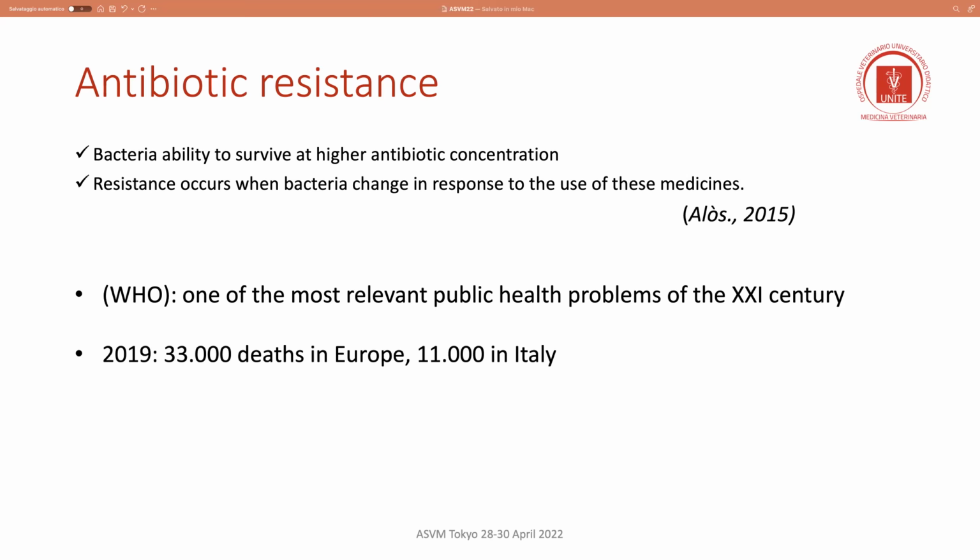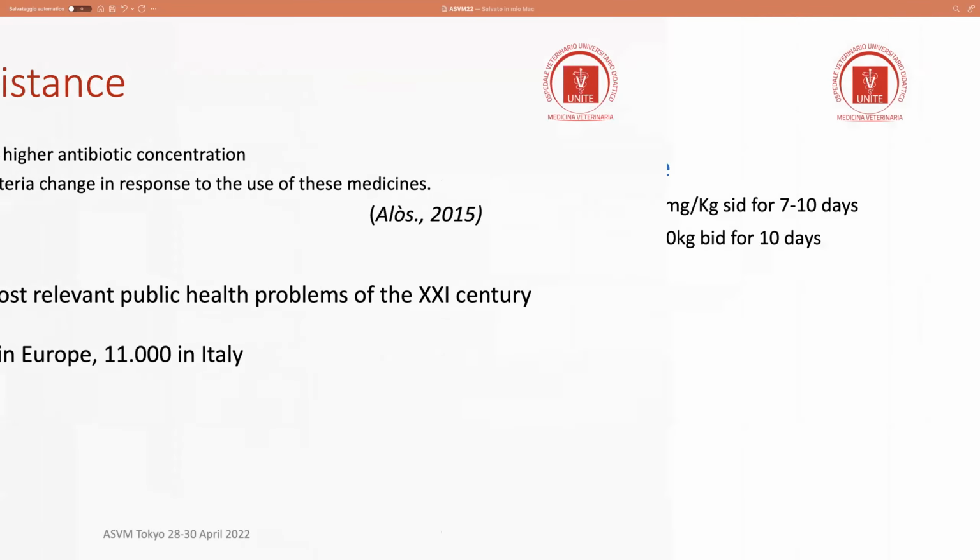In 2019, in Europe, 33,000 people died for reasons related to antibiotic resistance, and 11,000 just in Italy. What can we do?